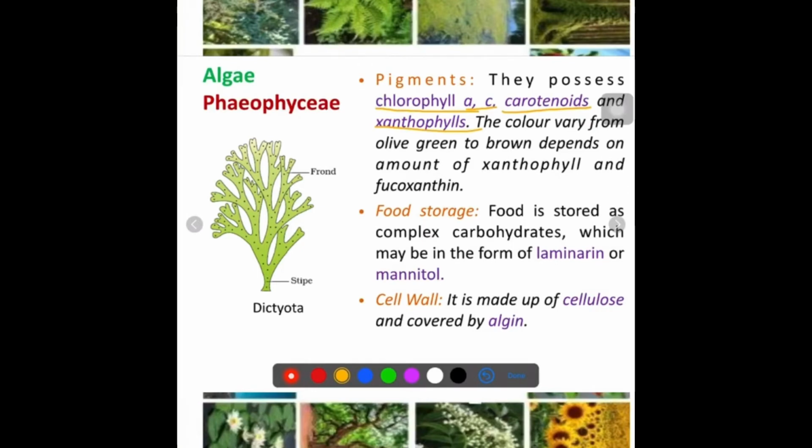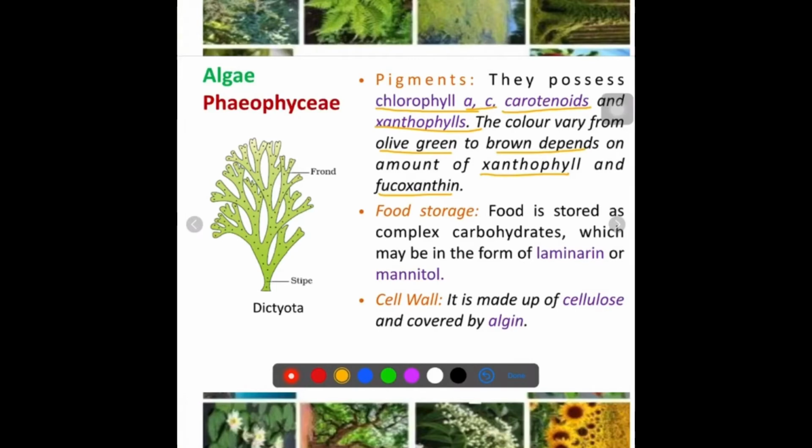It is called brown algae because most of the time its color is brown, but the color may vary depending on the amount of pigment present in it. The brown color depends on the amount of xanthophyll and fucoxanthin. Based on their concentration, the color may vary from olive green to brown.